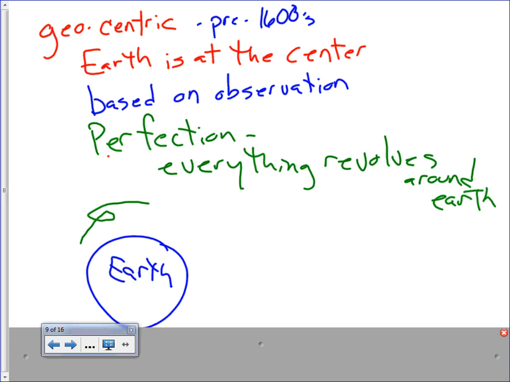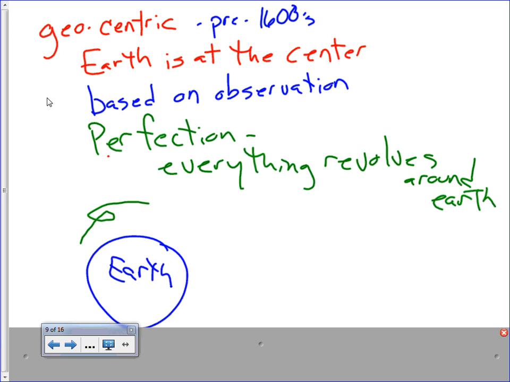And so before the 1600s, there were these really complicated models of how these planets might be moving and wandering and doing all this strange stuff. And that's because they were assuming the Earth was the center of the solar system, the center of the universe, which it turns out it's not.